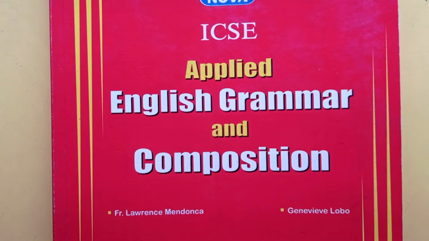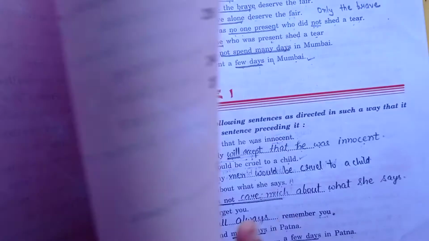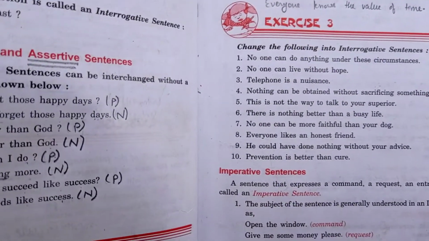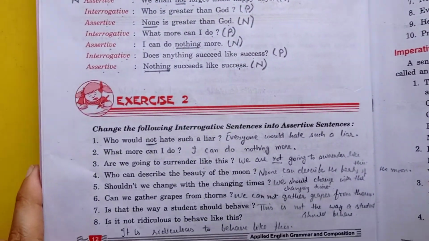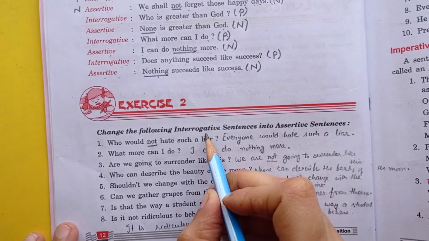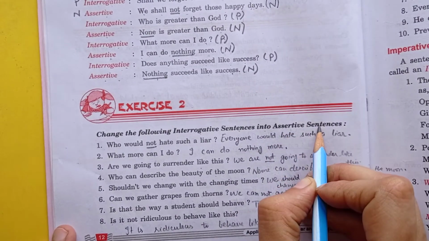So, dear students, let's continue with today's lesson. Before we start with exercise 3, we will revise exercise 2. Exercise 2 was about the change of interrogative sentences into assertive sentences.